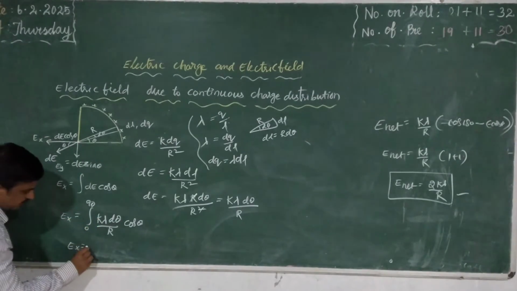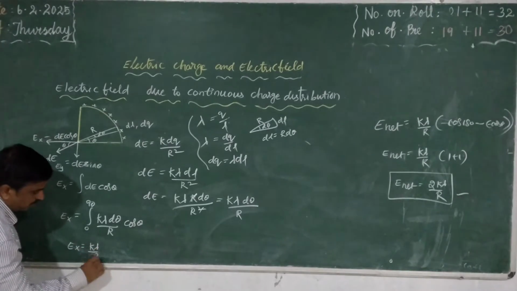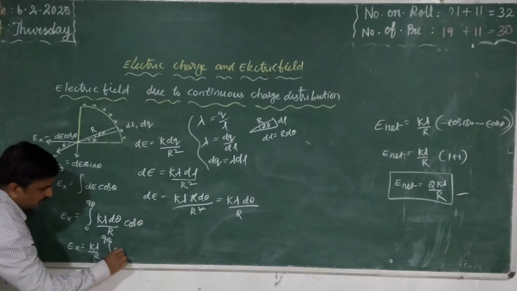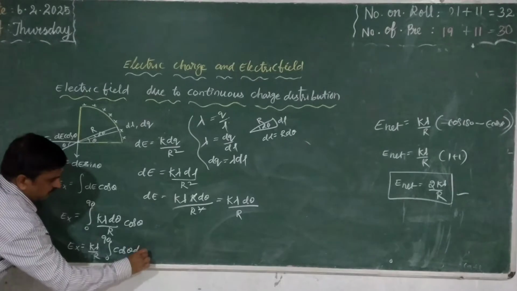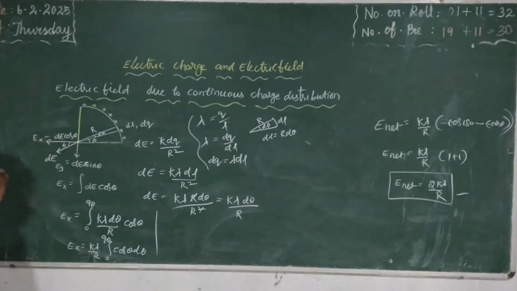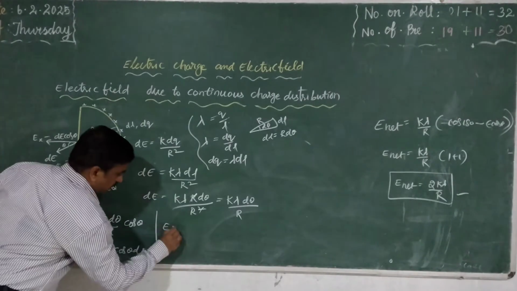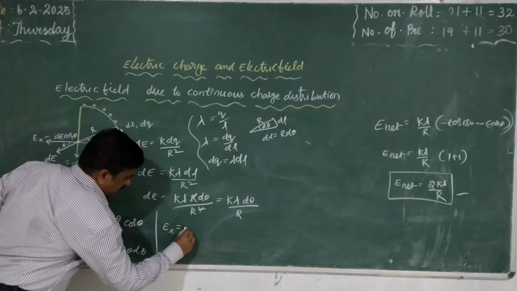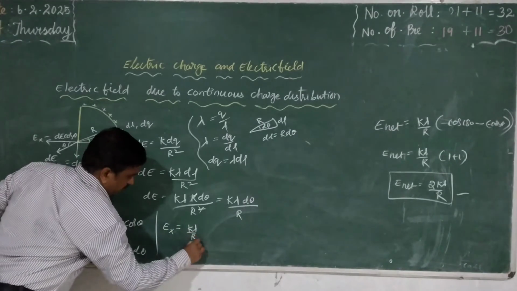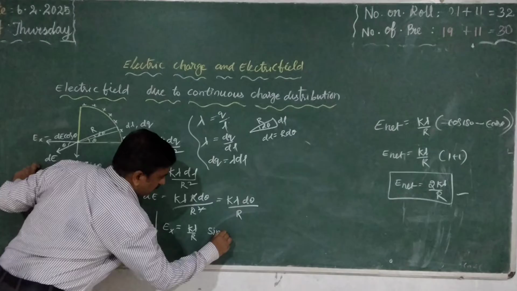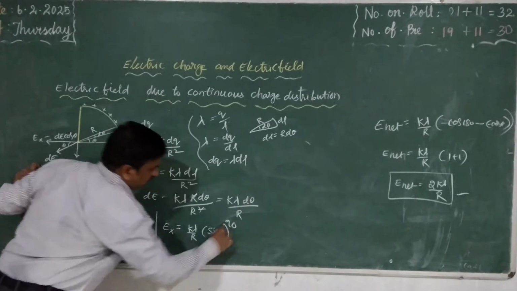I write here Ex equal to k lambda by r integral 0 to 90 cos theta d theta. Integral of cos theta d theta means sin theta.